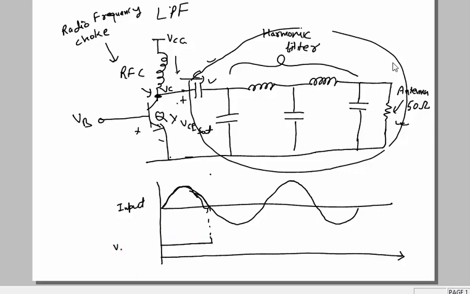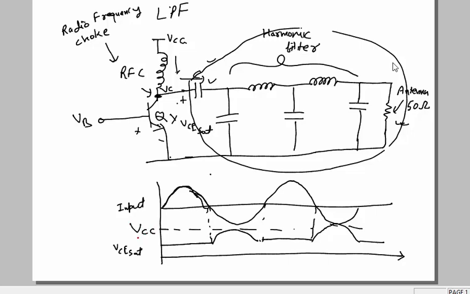VCE(sat). Now after that the transistor is off. Because of the induced EMF, we will get the output at the collector. Then again the cycle will repeat like that, and this maximum can reach up to VCC.